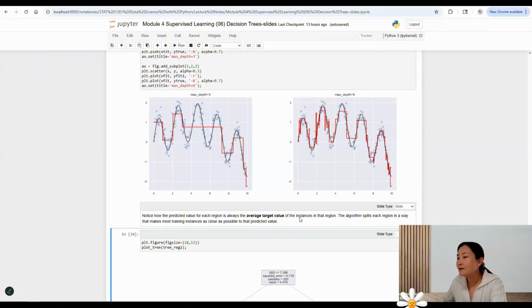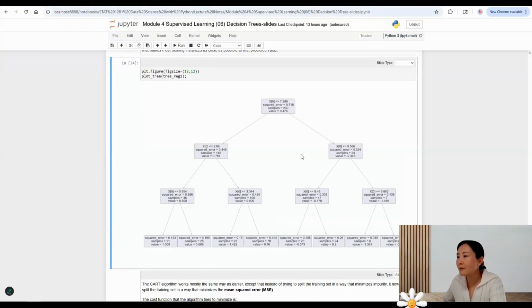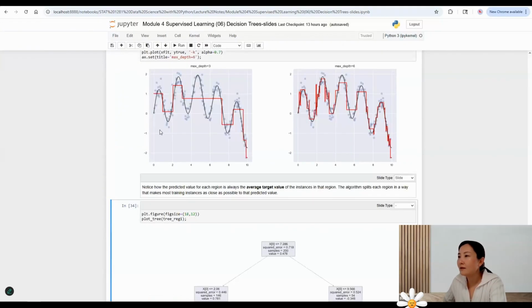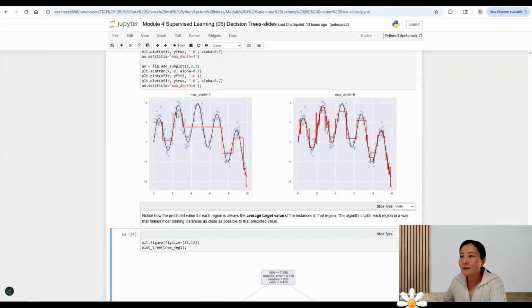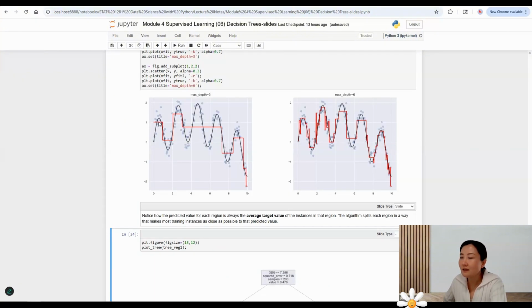So from this tree, you see that if max depth equals 3, then eventually we get 8 leaves. Let's see, 1, 2, 3, 4, 5, 6, 7, 8. 8 leaves. And each leaf is corresponding to a small region. Right? For example, this is one region, and so these are the 4 leaves on the left, and then the right leaves are quite small.